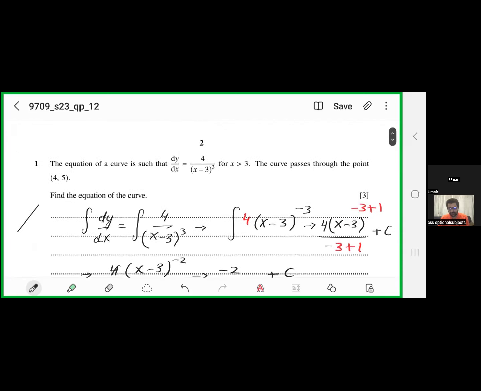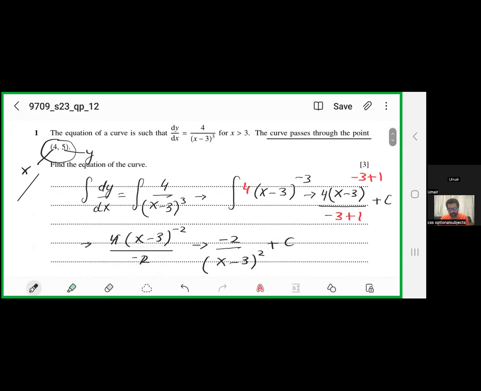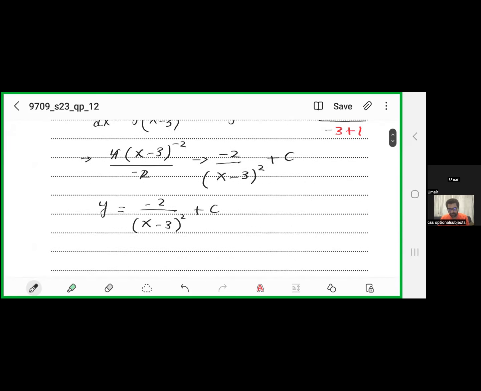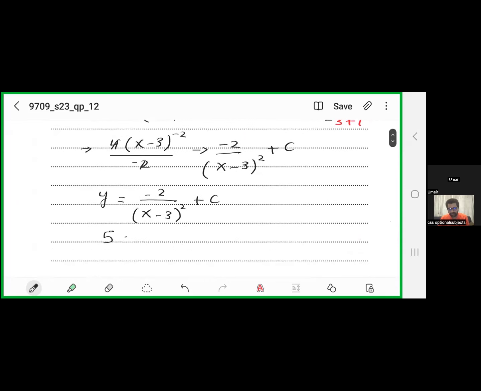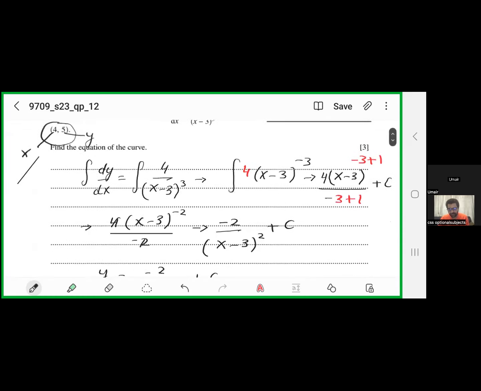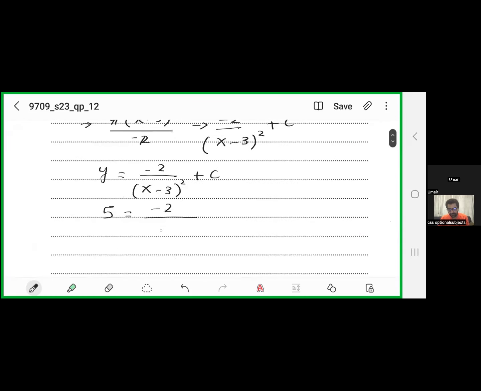As you know that this curve passes through the point (4, 5), we can use this value of x and this value of y in this equation of the curve. In place of y, use 5 is equal to minus 2, in place of x, use 4, so (4 minus 3) square plus c.